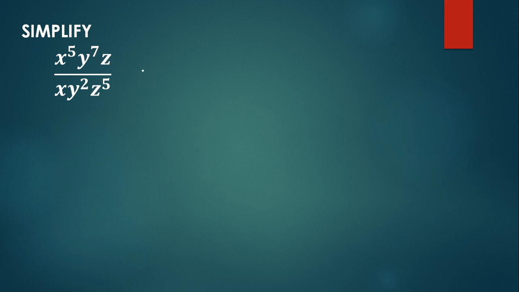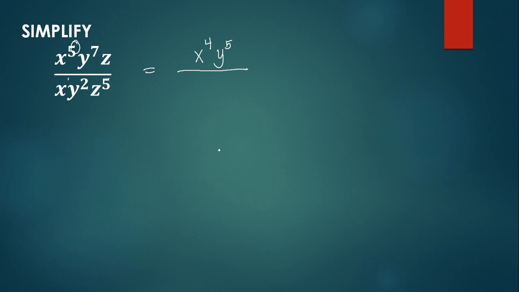So, sagutan natin to. We have x to the power of 5 divided by x. So, that is x to the power of 4. So, sinubtract ko yung exponent niya, 5 and then 1 dito. Next, we have y to the power of 7 divided by y squared. Yan ay y to the power of 5.